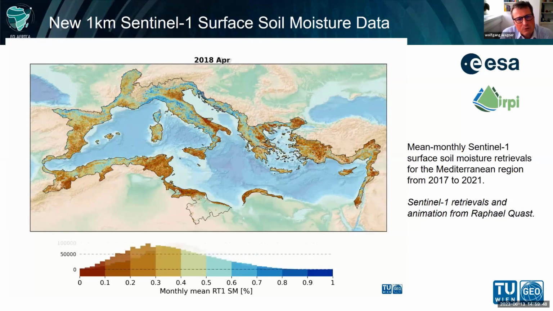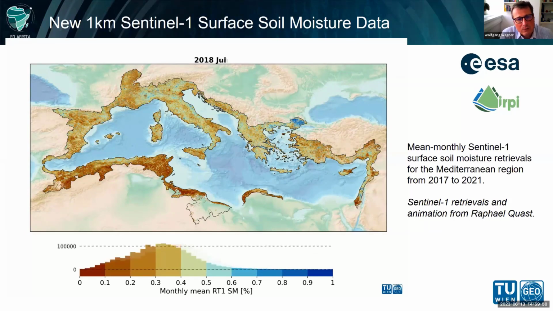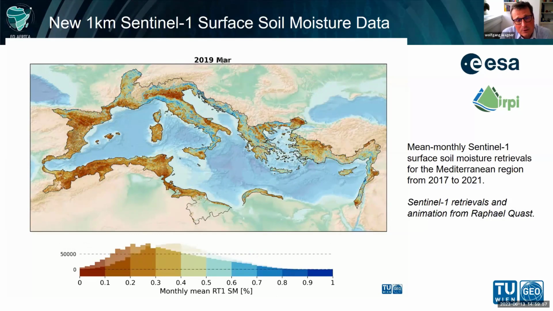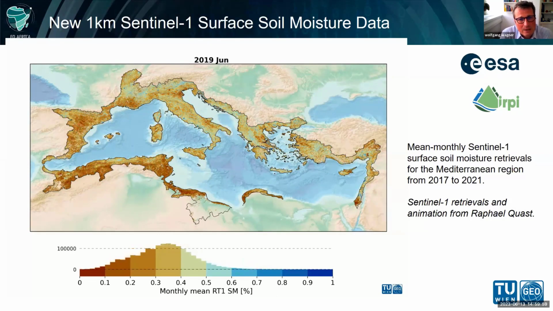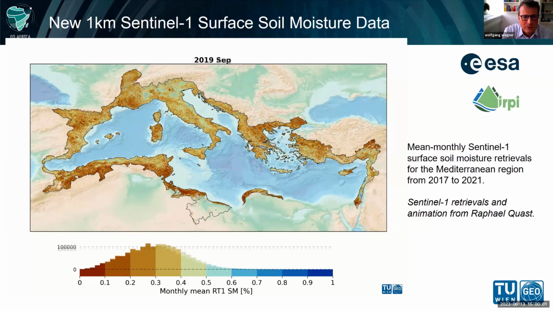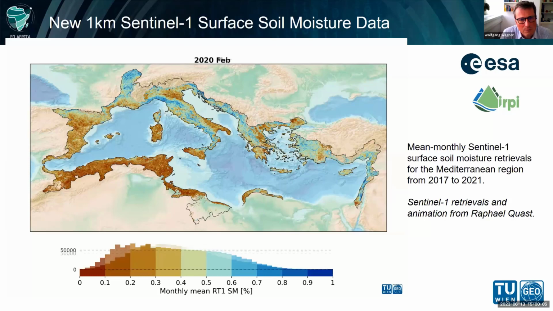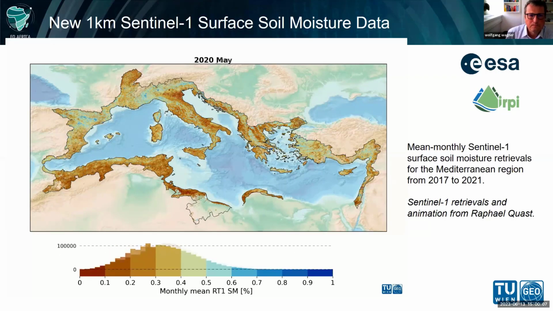Looking at the Mediterranean, there have been some very dry years like 2018. And we also had some, like in summer in 18, you've seen that it has also been wet. So we really have very extreme years in these periods, from very wet to very dry.